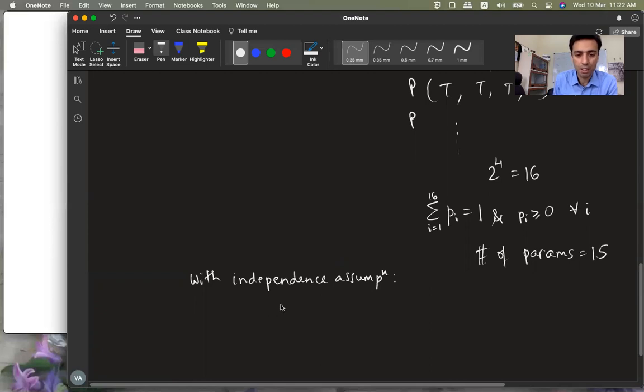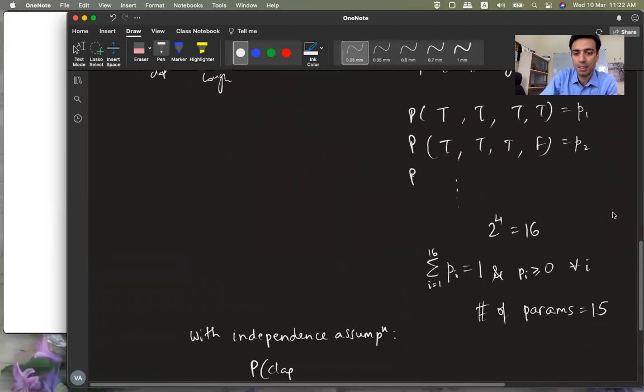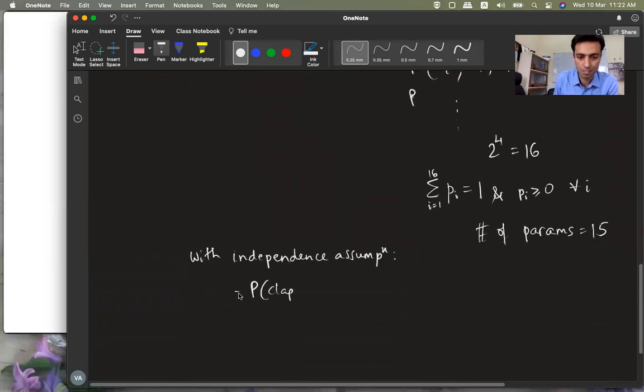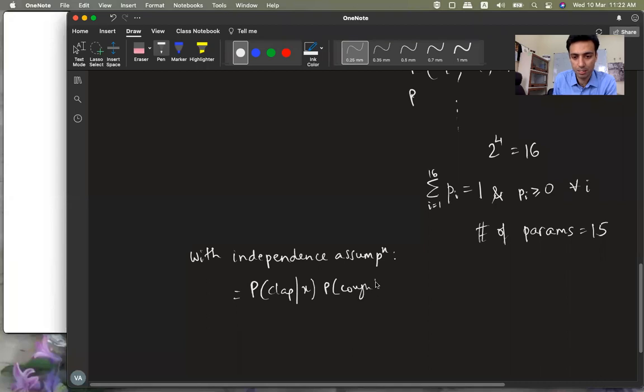You get probability of clap, cuff, horn, bell given x. This can be written as the product of clap given x, cuff given x, horn given x, and bell given x.